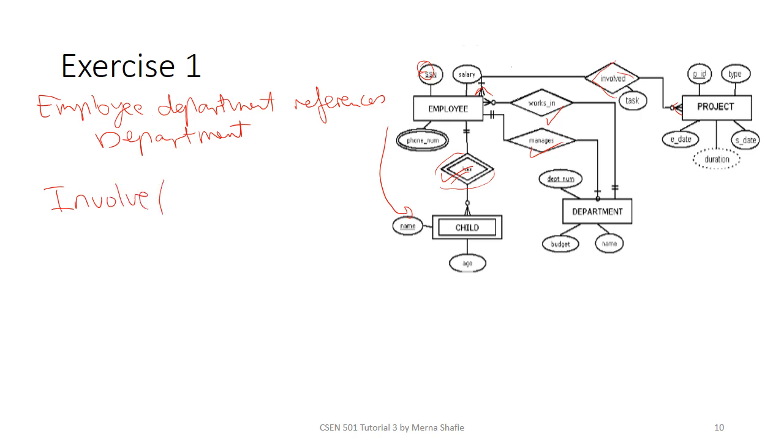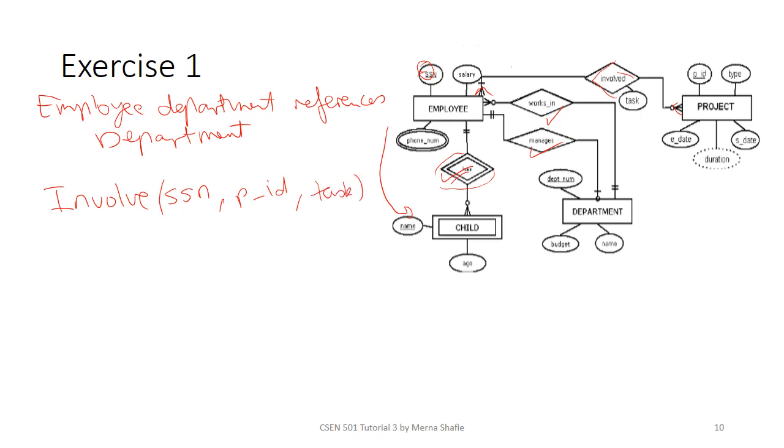It will have the SSN, the primary key of the one entity, and also the primary key of the other entity. And in this case, we have an attribute on the relationship. It's like the accept attribute that we have seen previously. So all the attributes that are on the relationship are going to be put in the same relation. So I'm going to put task here as an attribute in this relation.